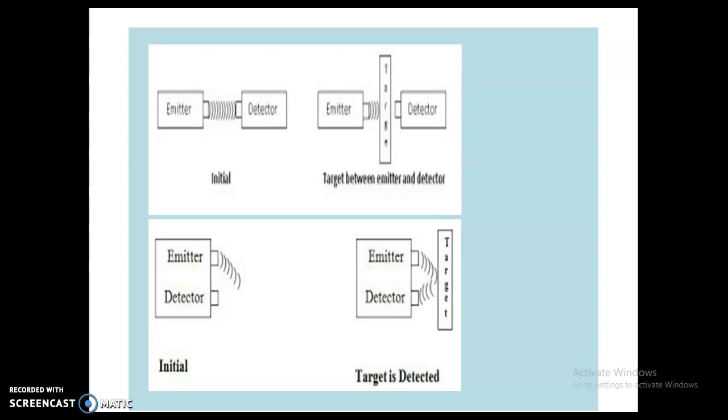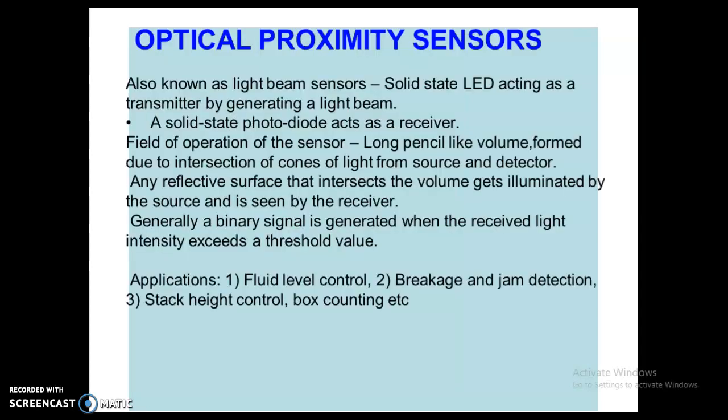That is, the emitter and detector are provided on the same side. The emitter sends the waves and the detector detects them. The time taken between the emitter and the receiver will determine the location of the target. If it is within some specified range, then the sensor will give an indication.